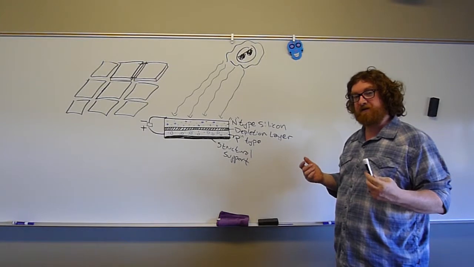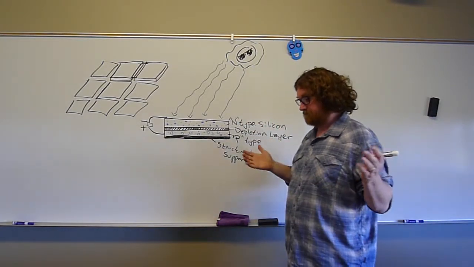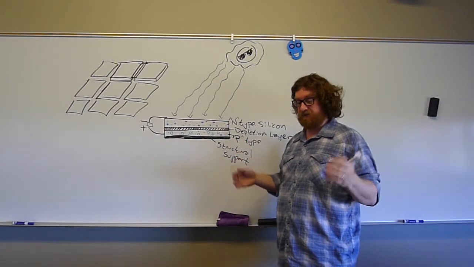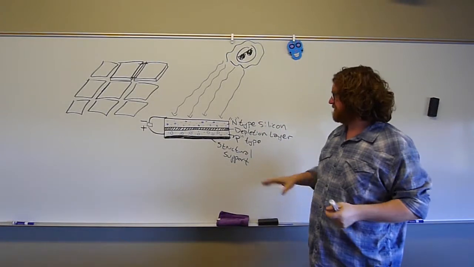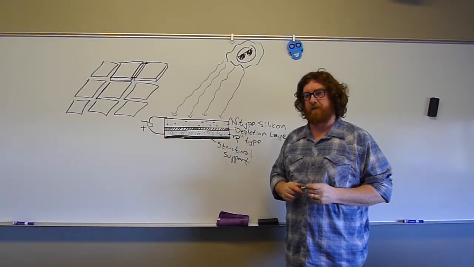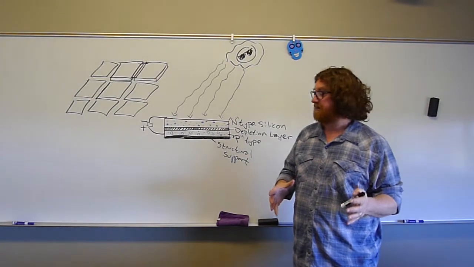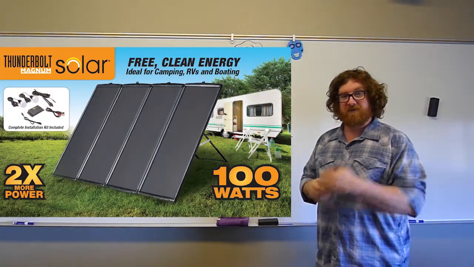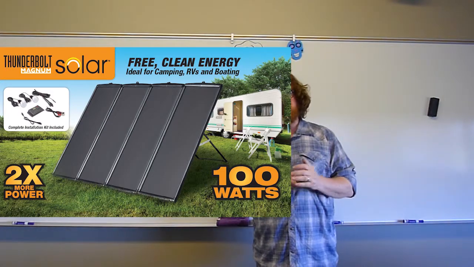But one of their biggest benefits is that they're scalable, right? So if you have a camper, you can go to Harbor Freight, buy yourself 2 small little photovoltaic panels, and you can charge up a car battery pretty easy, actually. And then you can use that car battery to power the internal lights and switches in your camper.